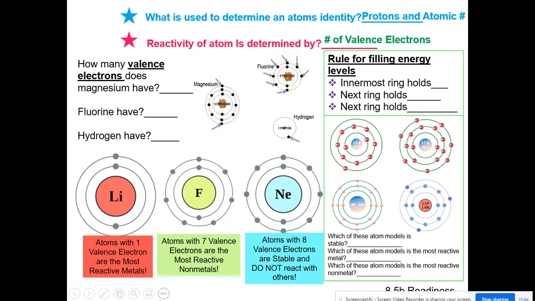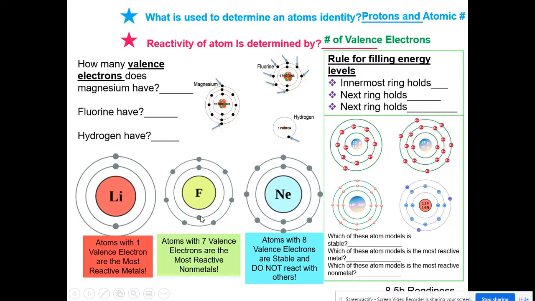How many valence electrons does magnesium have? Once again, you need to either look at your periodic table or you can count the number of protons, because protons determine the identity of an atom because it's the same number as the atomic number. That's why we say APE, which means A equals P equals E. The atomic number is the same as protons and the same as electrons.